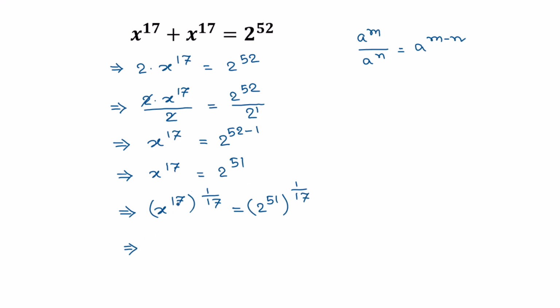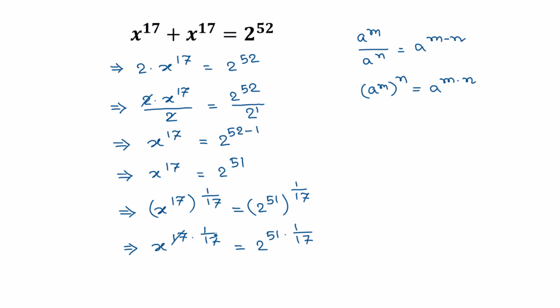Now applying the exponential formula, a to the power m whole to the power of n is equal to a to the power of m times n, we can write x to the power of 17 times 1 over 17 is equal to 2 to the power of 51 times 1 over 17.